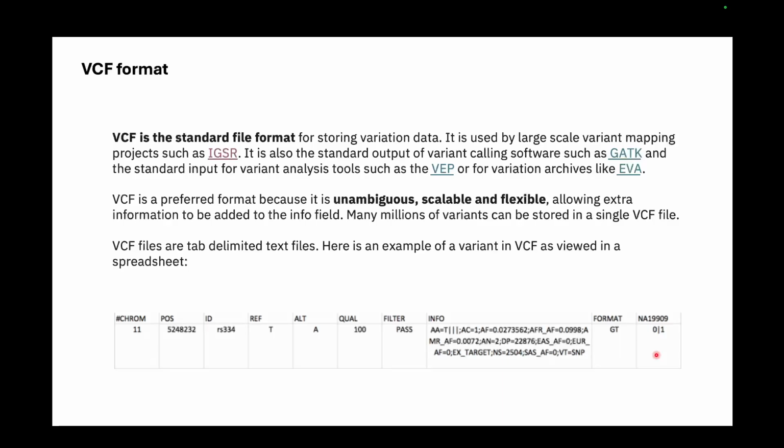So the possibilities for an unphased genotype are 0 0, 1 0, or 1 1. So either it is homozygous present, heterozygous present, or homozygous not present. So these are the possibilities. But in case of phasing, you also know from which strand the variant is coming.